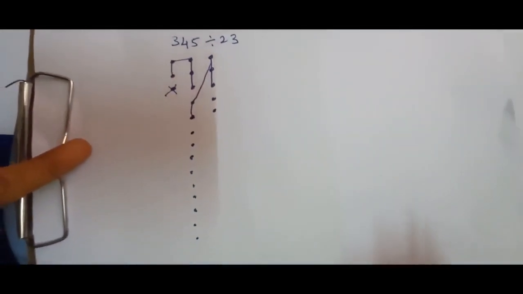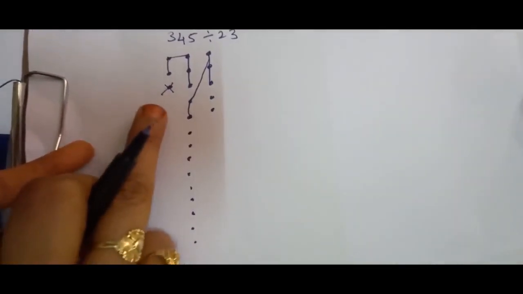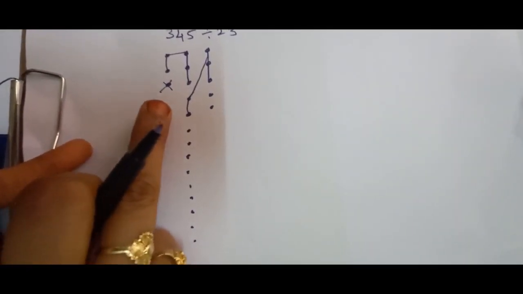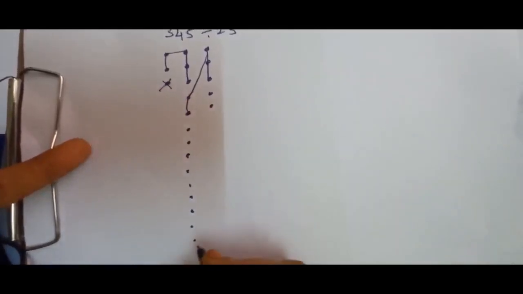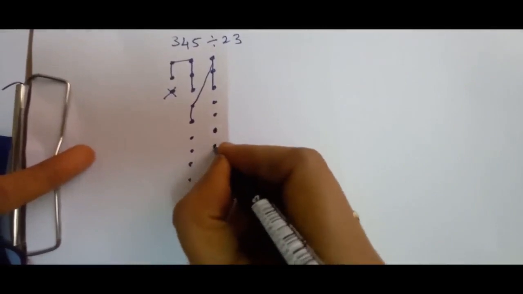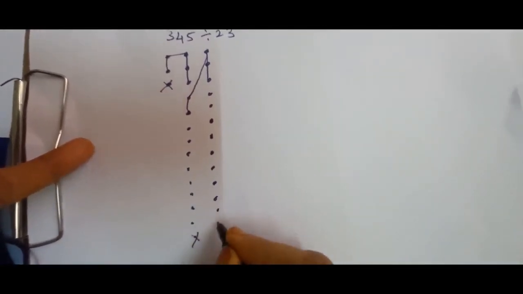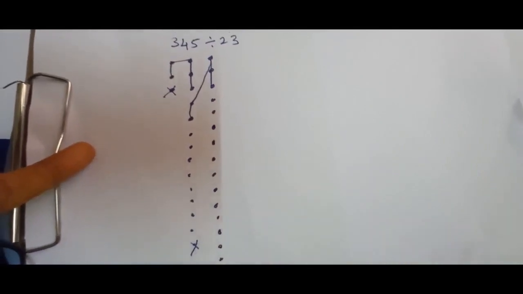So what we need to do, same logic we need to apply. Whenever dots are needed, then we need to cut the dot and we can add 10 more dots, like borrowing. 3, 4, 5, 6, 7, 8, 9, 10. Okay.